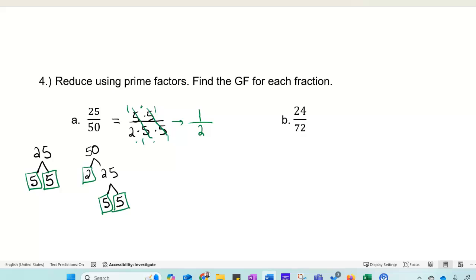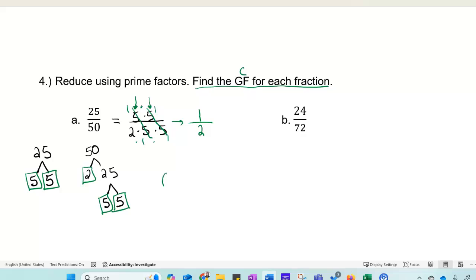Try 4B. Oh, after. I keep forgetting this part. This is why it's always good to double check the instructions when you're reading something. So it says find the GCF for the fraction. So again, the GCF is the number that was canceled in each, right? So here we have a 5 and another 5.